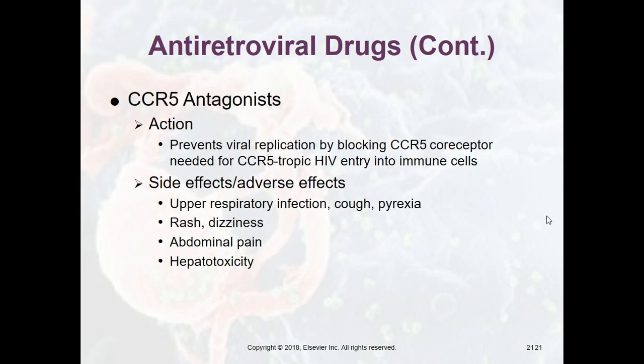So your CCR5 antagonist, the action for this antiretroviral drug, is that it prevents viral replication by blocking the CCR5 co-receptor needed for CCR5-tropic HIV entry into immune cells. There were some early concerns of liver inflammation for drugs in this class.